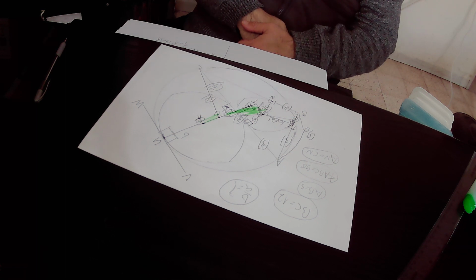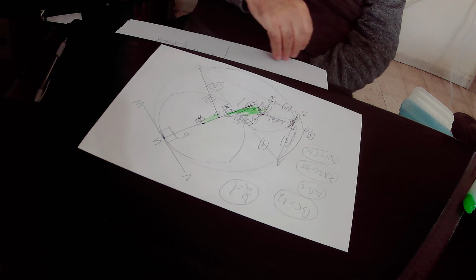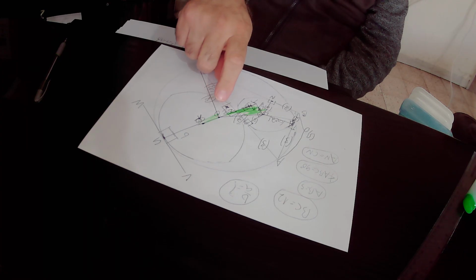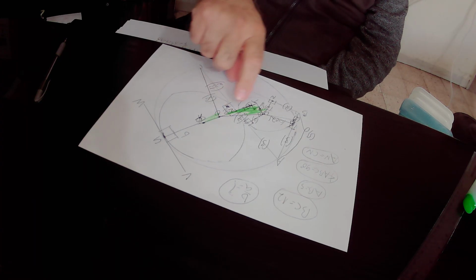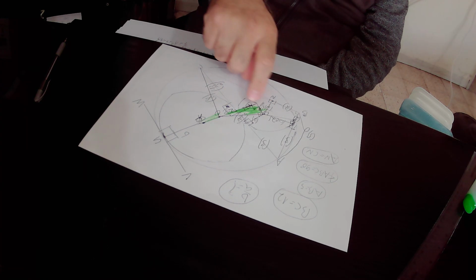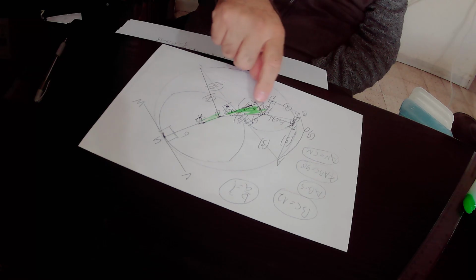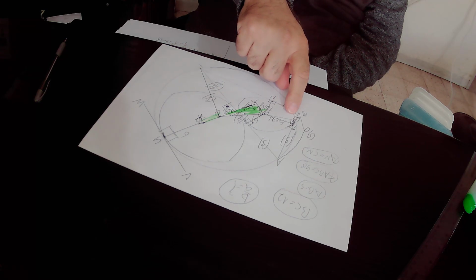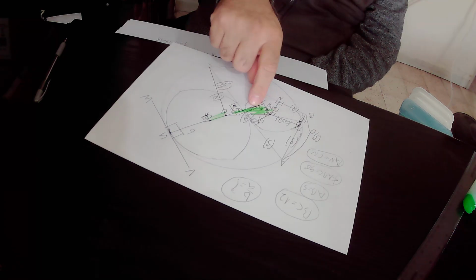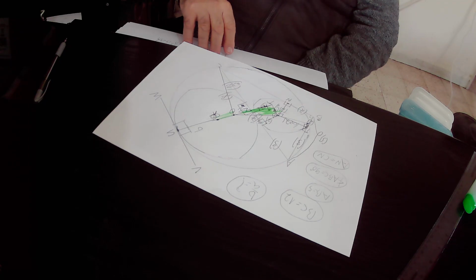The center of the biggest circle is here at point O, the center of the smallest circle is here at point P. The straight line that connects their centers together is the straight line OP. And according to rule number 9, the straight line OP must pass through the touching point S. That is to say, OPS is one straight line.